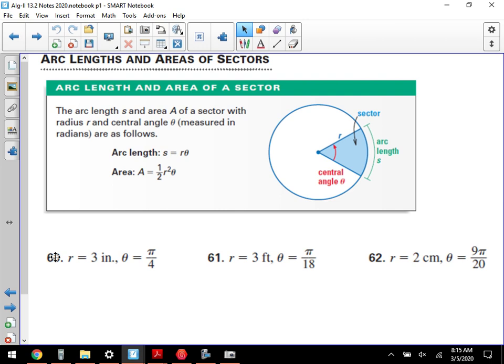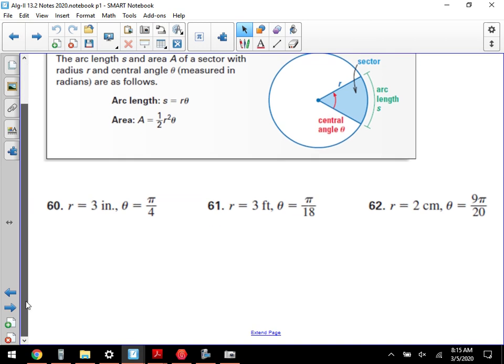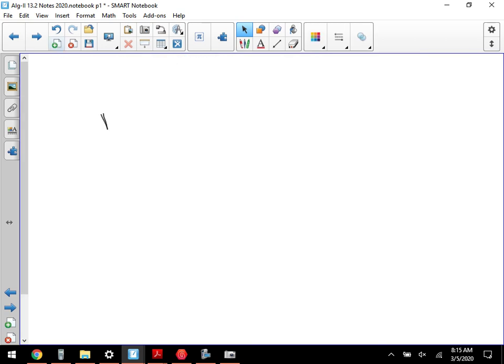Theta has to be in radians. And then area of the sector was 1/2 radius squared theta. Again, theta in radians. So the examples that we did were real simple. We'll say the radius is 3, then we'll change it up and say our angle is 120, so we have to convert.